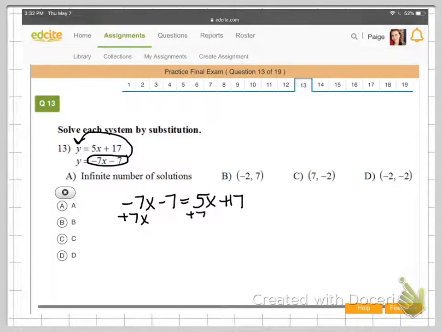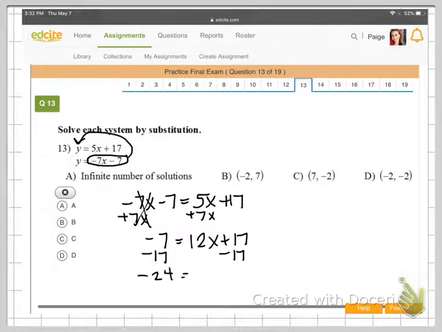So I'm going to add 7x. So I've got negative 7 equals 5x plus 7x gets me 12x. And then plus 17. Let's get rid of that 17 by subtracting. So negative 7 minus 17 gets me a negative 24. And I've got 12x. And then divide by 12. So x equals negative 2.